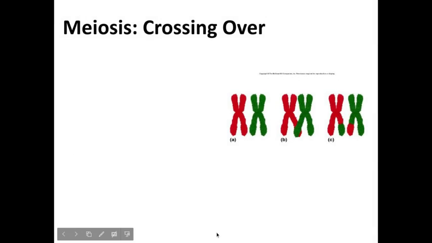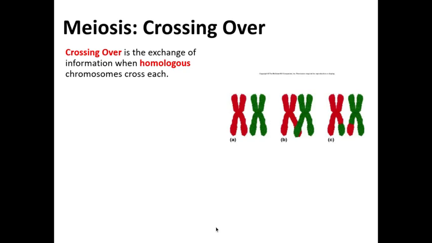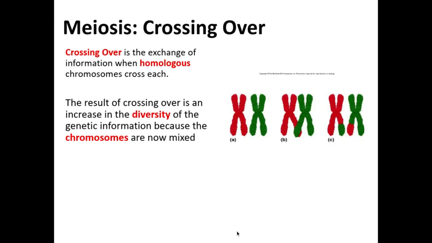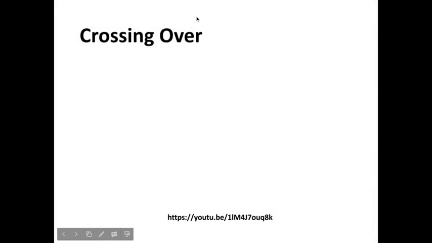So, you do not look like your mom, and you do not look like your dad 100%. Why? Through the process of crossing over, we exchange information when homologous chromosomes cross each other. You're going to get one chromosome from mom and one from dad, and they're going to mix things up.